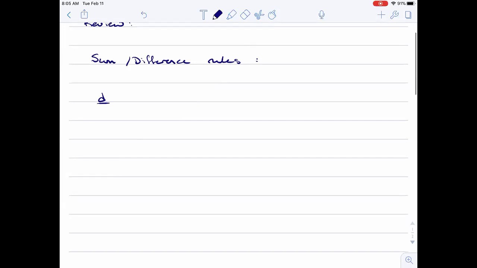Say that if we want to take the derivative, d dx, of something like f of x, and it can be plus or minus, so I'm gonna do both because they behave the same way, of g of x. Well, if we're taking the sum or the difference, then we can just pull that derivative on top, the d dx, the differential operator. And so then we get d dx of f of x plus d dx of g of x.